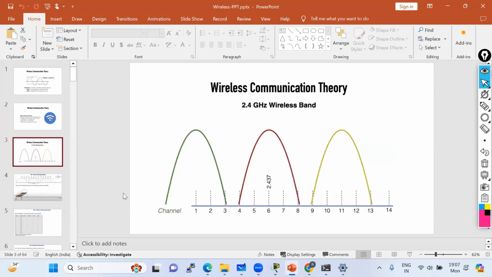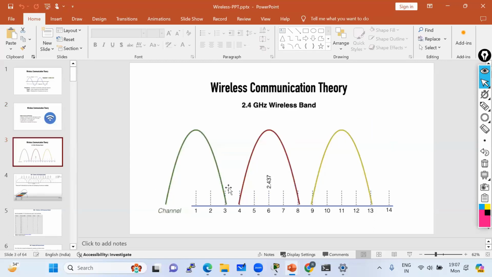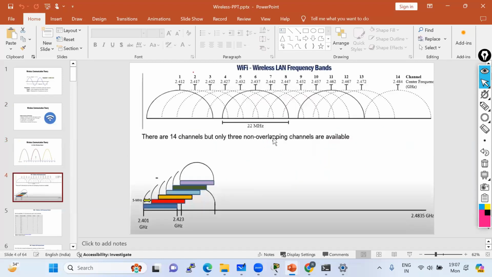Of the total 14 channels, 3 channels are going to be non-overlapping channels, right? Non-overlapping means if you are doing any communication, there is no interference going to happen in this 2.4 gigahertz. In 5 gigahertz, we have more channels. You can see 1, 2, 3. So we have a lot of channels here.